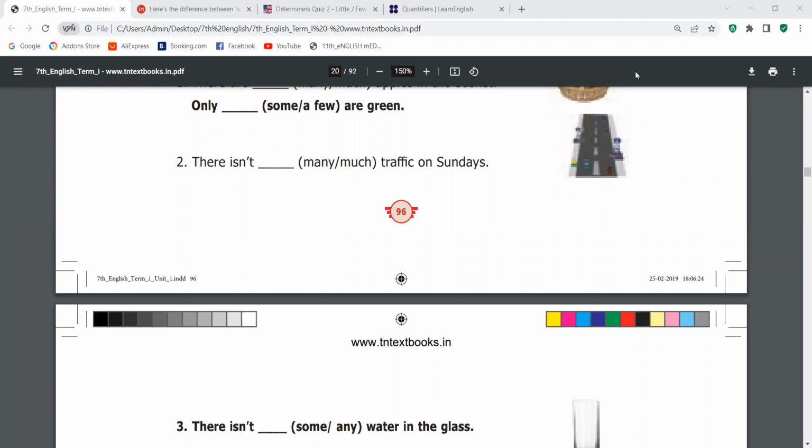We can't count traffic, right? So for this we choose the option much. There isn't much traffic on Sundays.